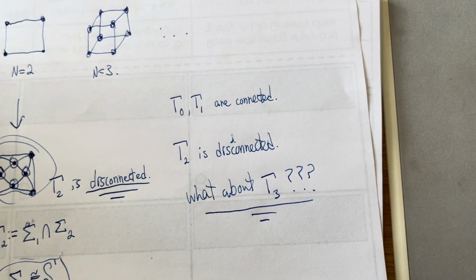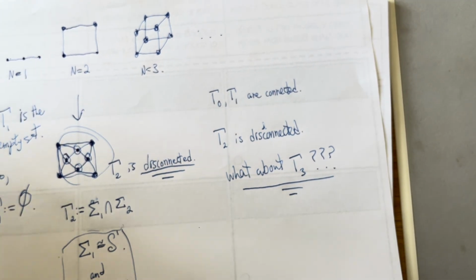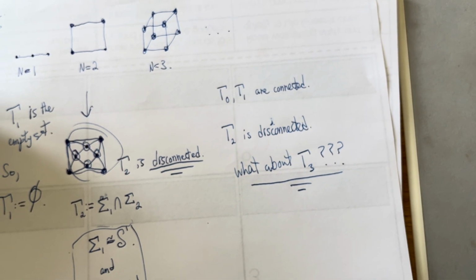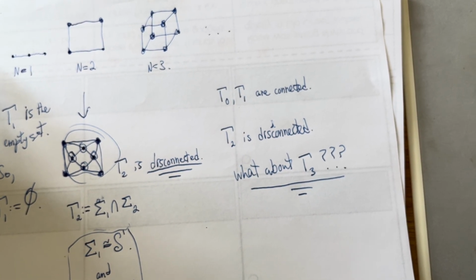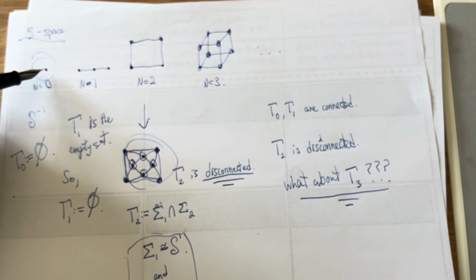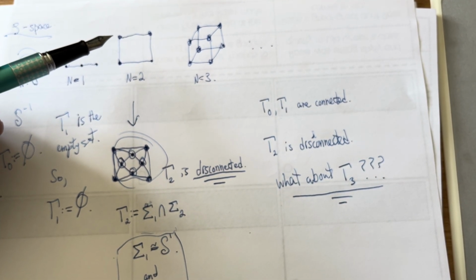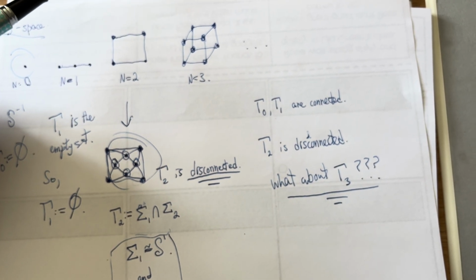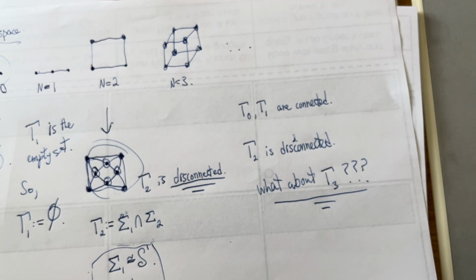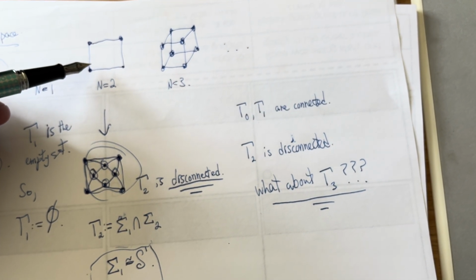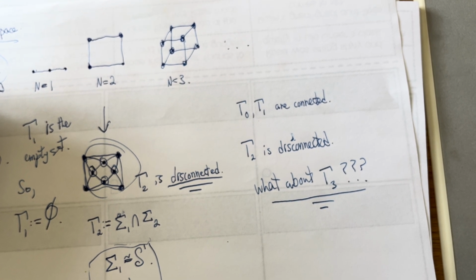What about gamma 3? Is that connected or disconnected? Let's see. This actually explodes very, very quickly in complexity, because we're going up in codimension, or not codimension, because there's no real ambient space, but we're going up in complexity.